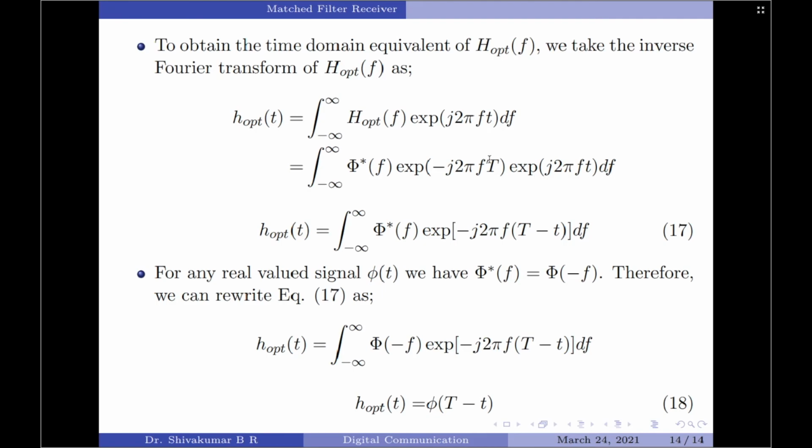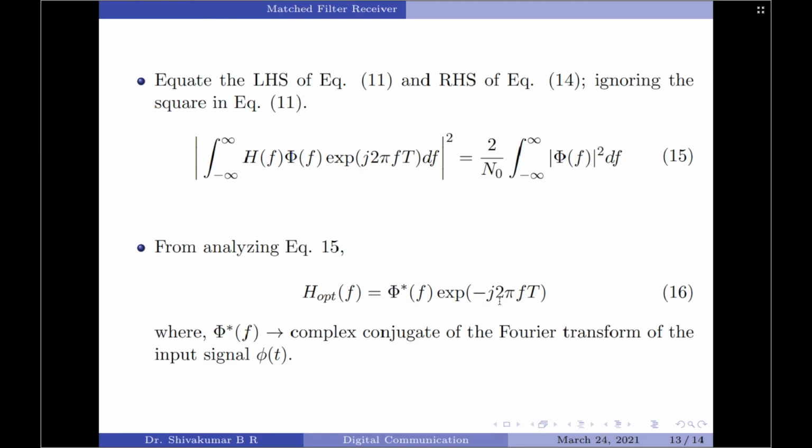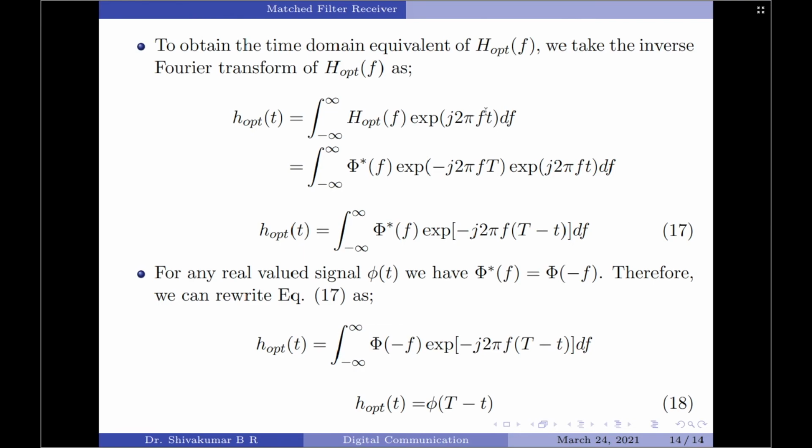Please note, when I take the exponential term from the optimality equation, we have a capital T, and in the inverse Fourier transform, we have a small t. Let us simplify this. This is equal to integral minus infinity to plus infinity phi star of f into exponential of, we have a lot of common terms here, minus j2 pi f into capital T minus small t df.